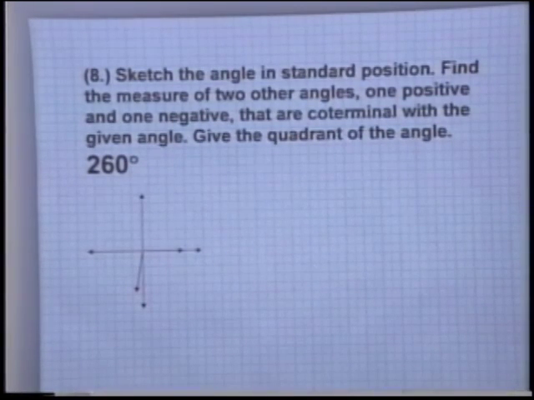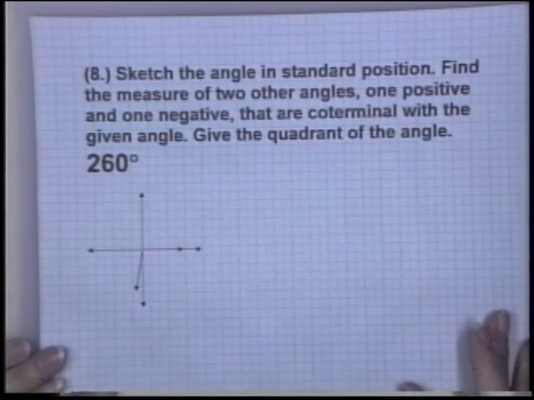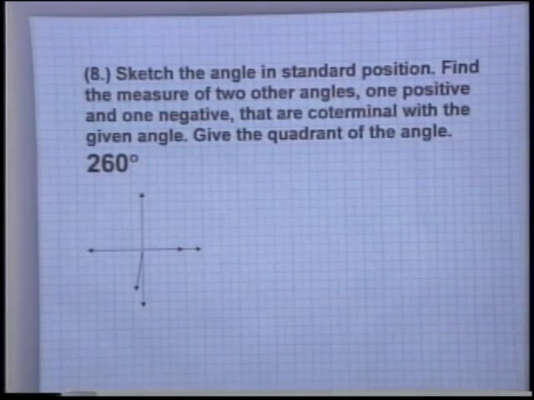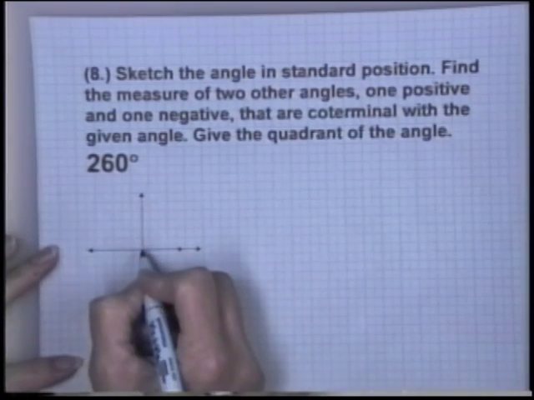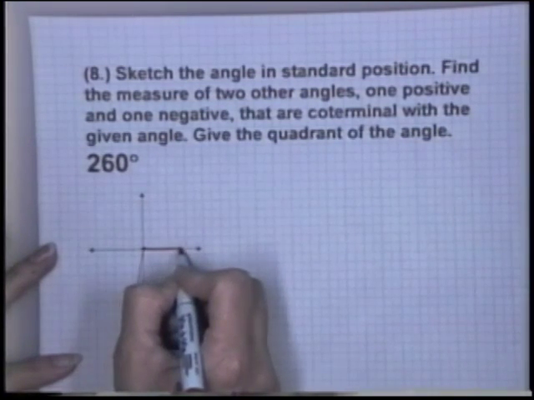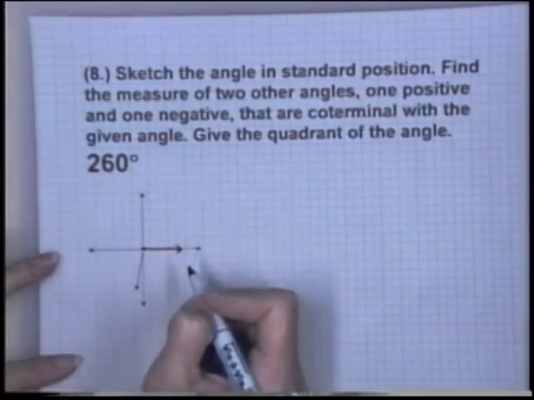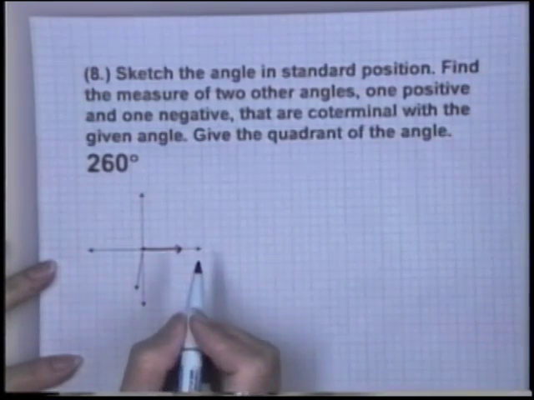Problem 8 says to sketch the angle in standard position, find the measure of two other angles, one positive and one negative, that are coterminal with the given angle. Give the quadrant of the angle. Well, for this 260 degree angle, in standard position means that initial side is on the positive x-axis, and we just estimate where that is.